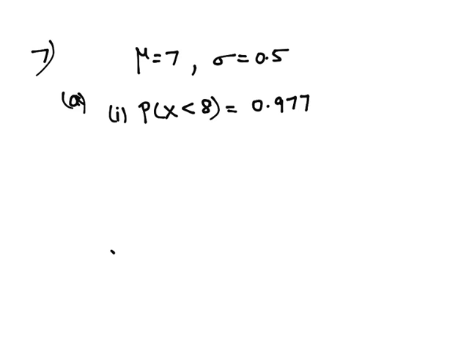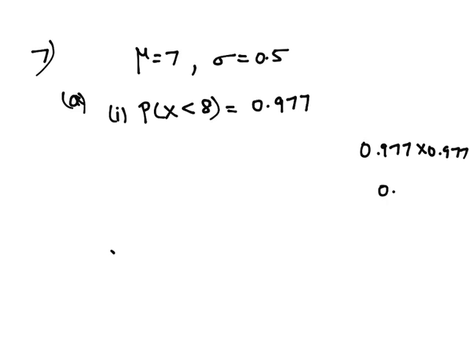In case they ask you this question, let's say 2 biscuits are chosen at random from the box. Find the probability that both the biscuits weigh less than 8 grams. In that case, the answer will be 0.977 times 0.977.